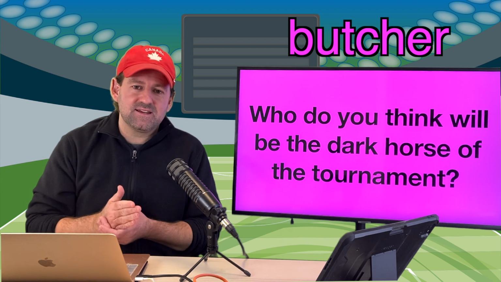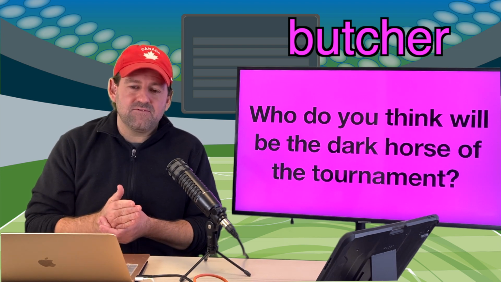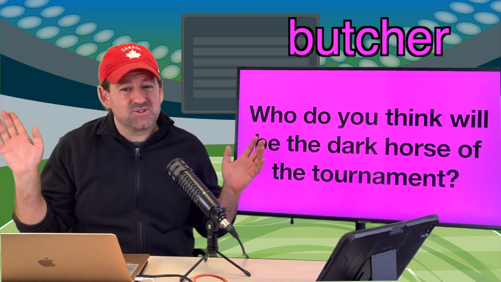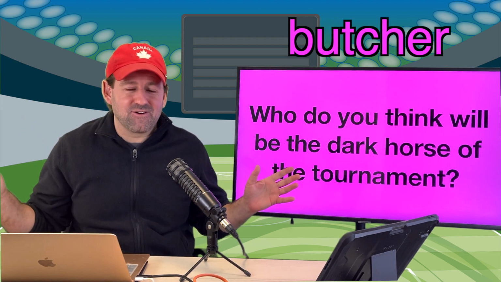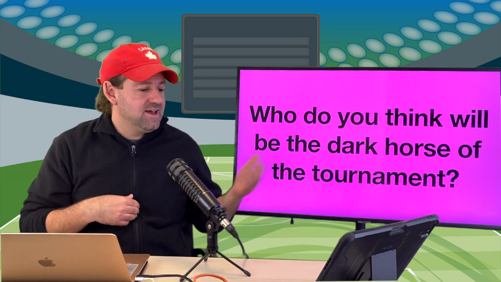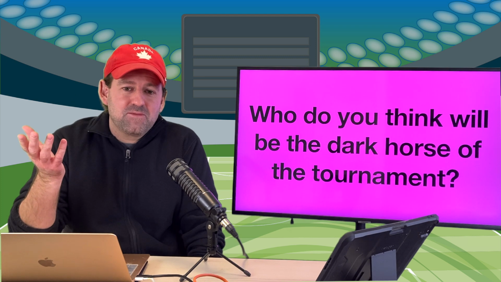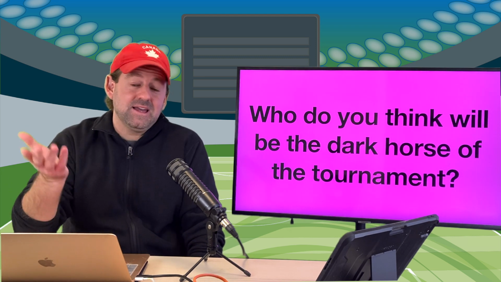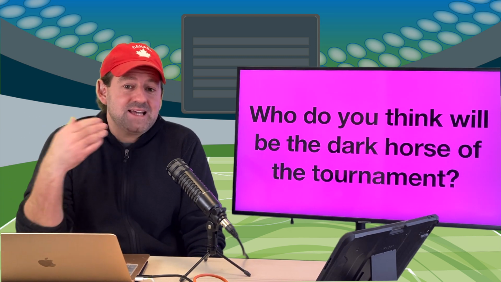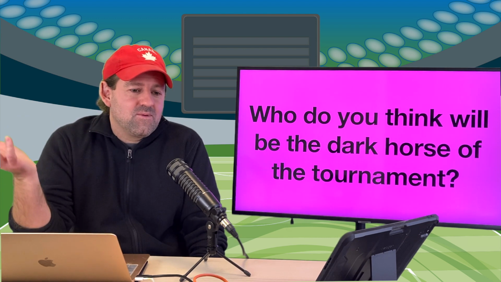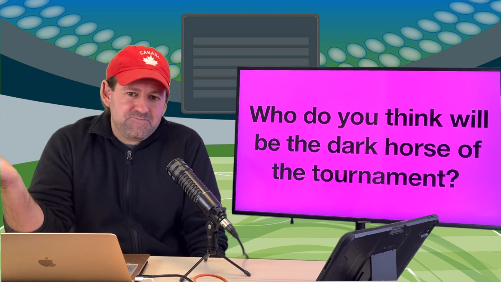Whereas if you butcher a language, that means your pronunciation is terrible, right? So I'm butchering the country of Qatar because I can't say that properly. But I admit that I'm butchering it, right? Because I can't say it. We can't. So we say Qatar.